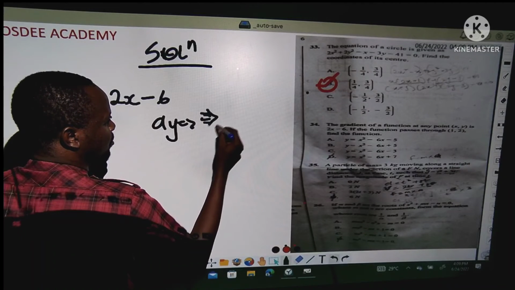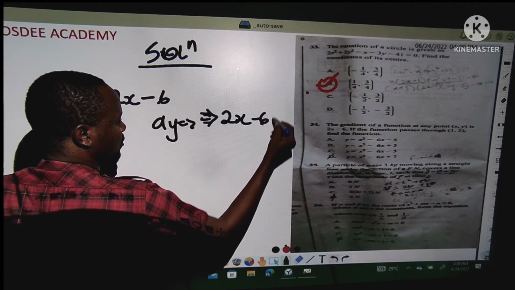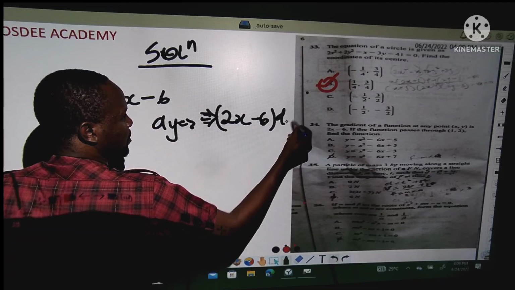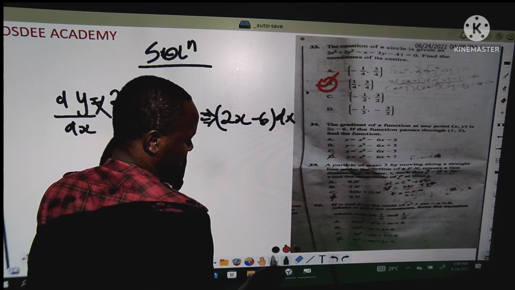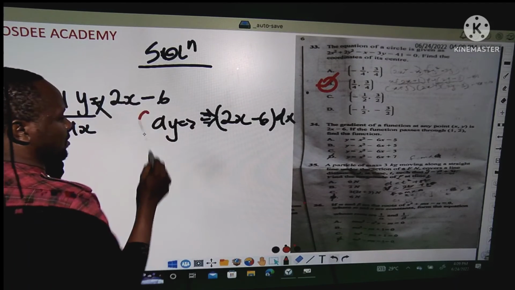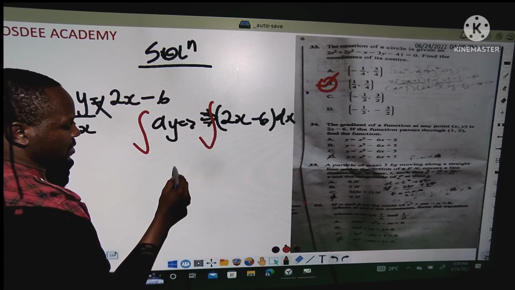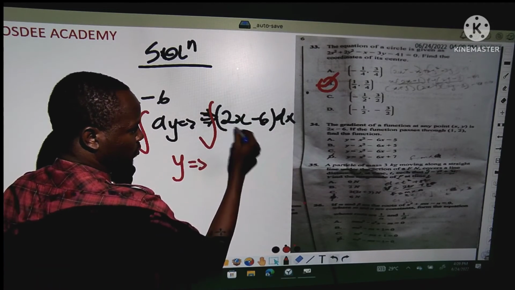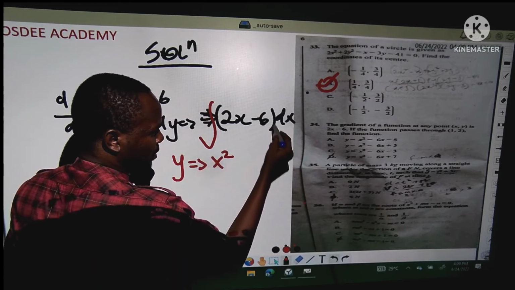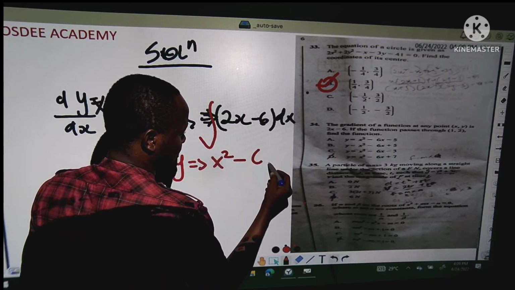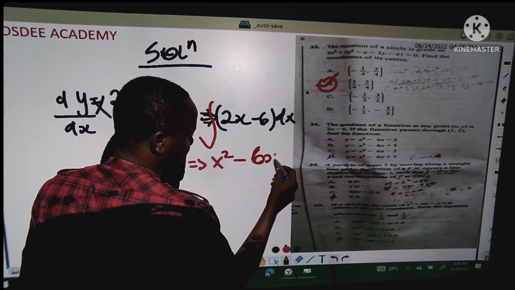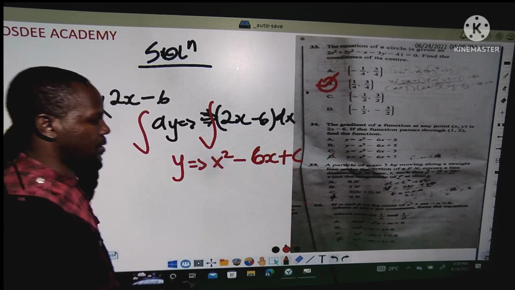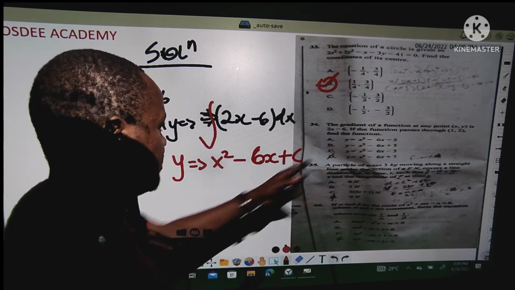So how to get this is just, like I said, antiderivative: integrate both sides. When you integrate dy, you get y, and integrating this is elementary. This will be 2 over 2 x squared minus 6x plus c. Now we have to get c, because if we don't get c, you won't get the answer.